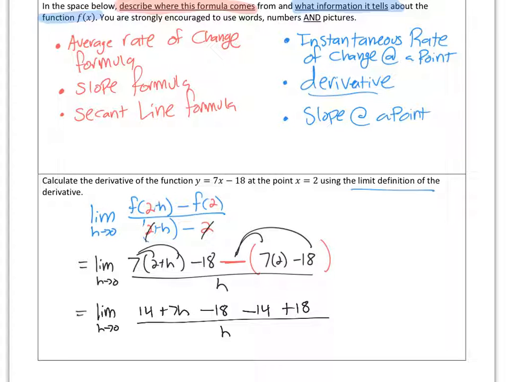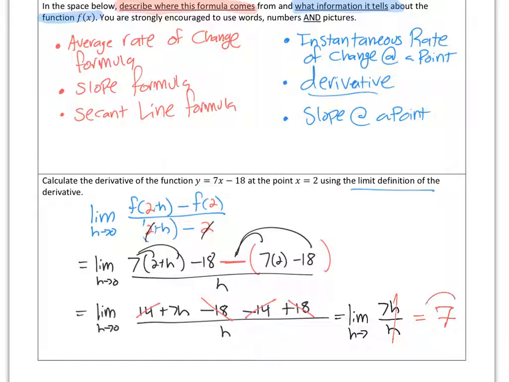When we start canceling things out, 14 cancels with negative 14, 18 cancels with negative 18, and I'm left with the limit as h approaches 0 of 7h over h. The h on numerator and denominator cancel out, and when I evaluate that limit as h approaches 0, we get 7.